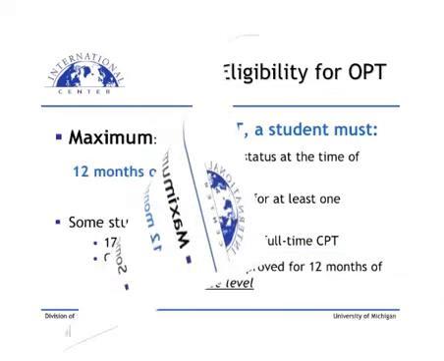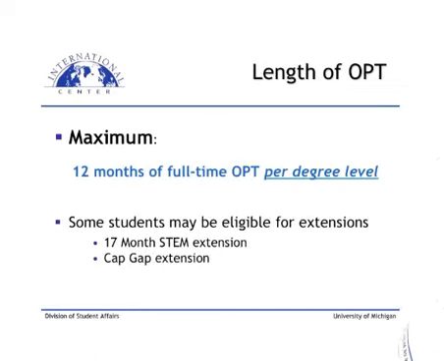The maximum amount of time that you can request for full-time OPT is 12 months per degree level. This means that if you have already received a degree at the same level as your current degree, and you have already been approved for 12 months of OPT for that previous degree, you are no longer eligible for OPT.